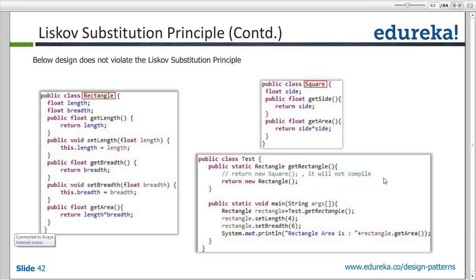The most important part here is, because you are giving the shape as an object, the client cannot make any assumptions. It is some sort of shape. I just need to give, let's say, 2 dimensions, and I will get an area. Right? The client does not know whether it is rectangle or square. The client cannot make an assumption that if it was rectangle, this should be the case, and if it was square, this should be the case.